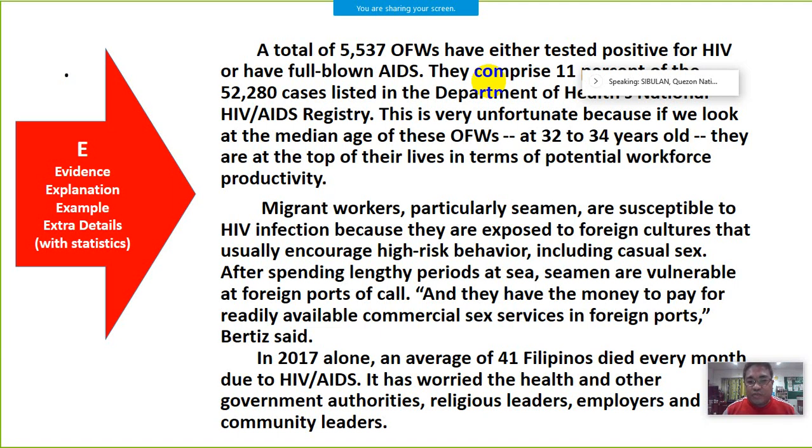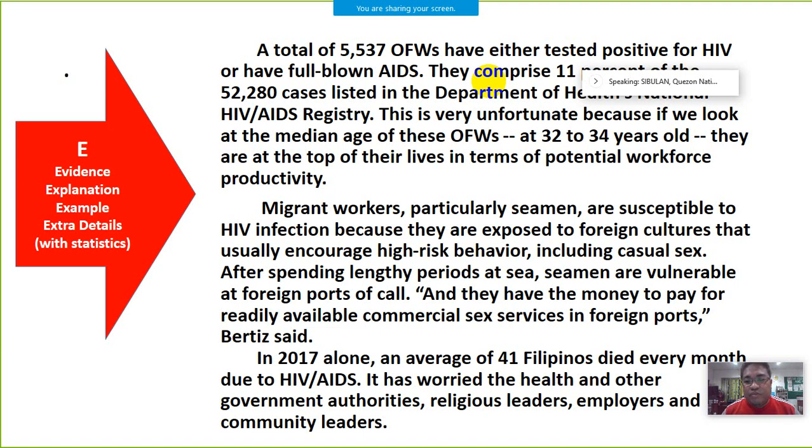Migrant workers, particularly seamen, are susceptible to HIV infection because they are exposed to foreign cultures that usually encourage high-risk behavior, including casual sex. After spending lengthy periods at sea, seamen are vulnerable at foreign ports of call, and they have the money to pay for readily available commercial sex services in foreign ports, Bertes said.